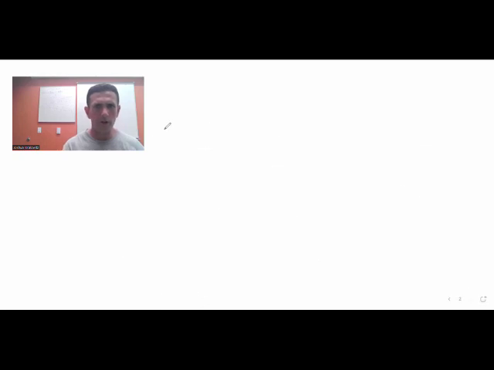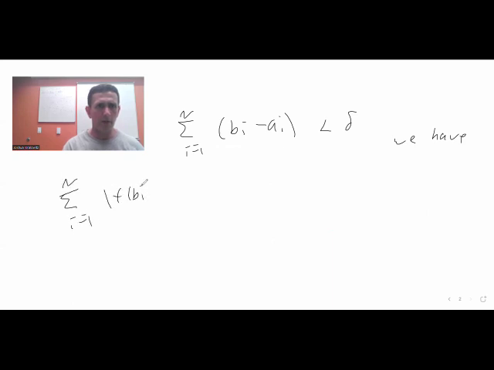That are small in the sense that this sum here is less than delta, we have the sum of f of b_i minus f of a_i is less than epsilon. Okay. So it's basically there exists delta where this sum less than delta implies this sum is less than epsilon.